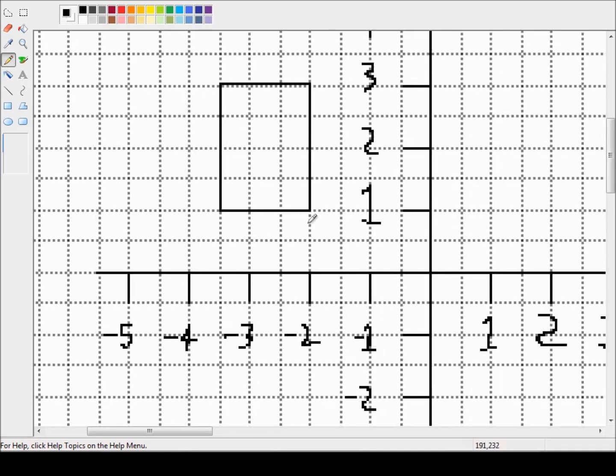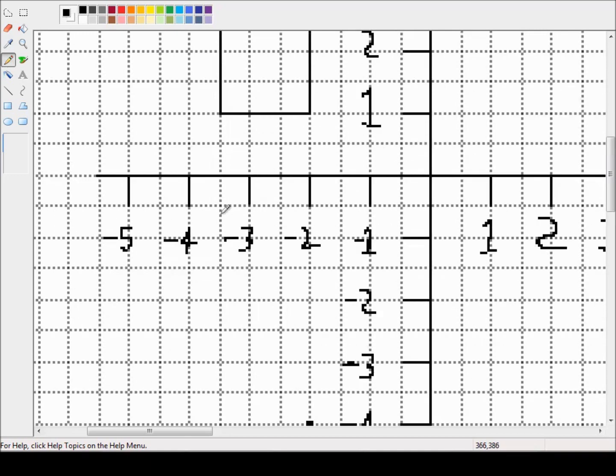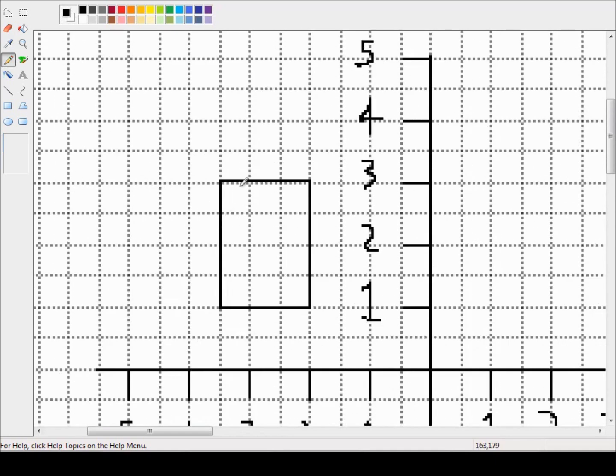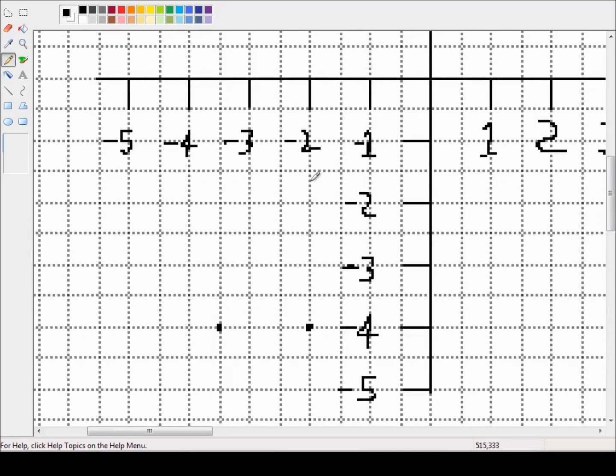Now the bottom left is still at y coordinate 1, the x coordinate is negative 3.5, so this will stay at negative 3.5 and it will be negative 4. And now the top is 3. The x coordinates stay the same, so the y coordinate 3 minus 5 is negative 2.